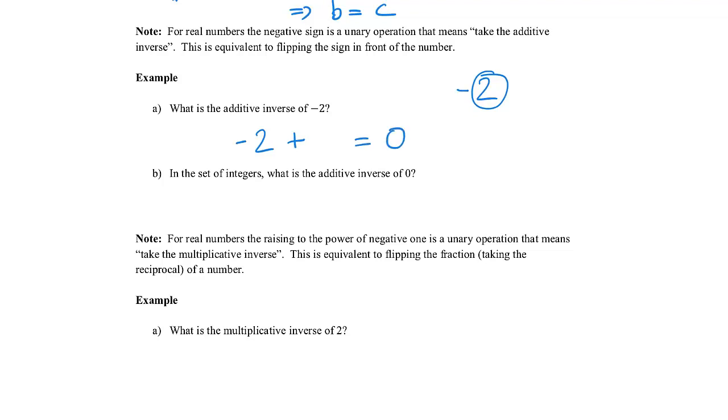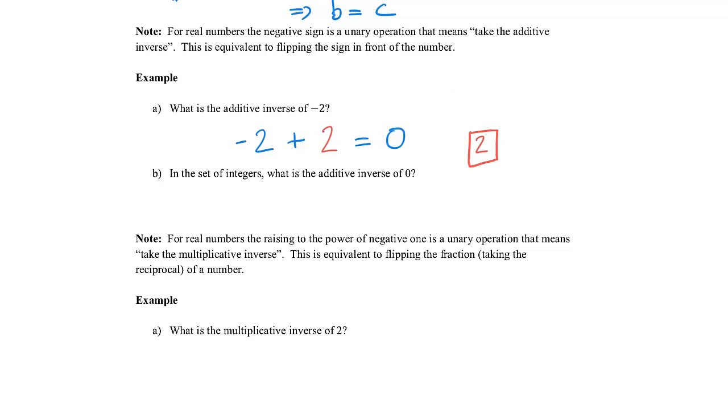So how do we find out what to put right here in our equation so that the equation works out? And of course, the number that we're looking for here is 2. So -2 plus 2 gives us 0. 2 is the additive inverse of -2.